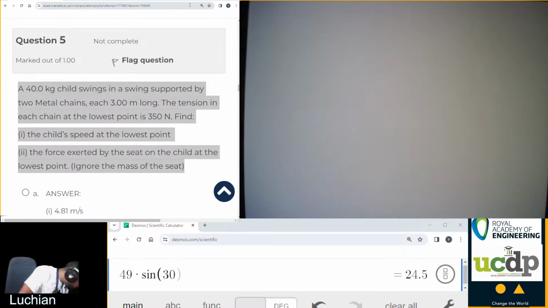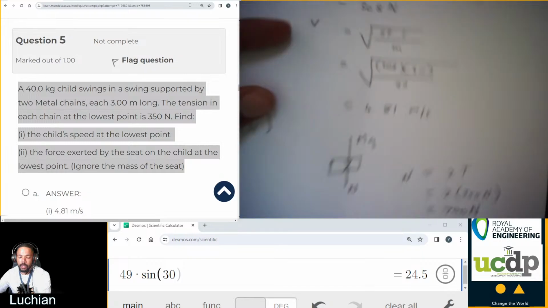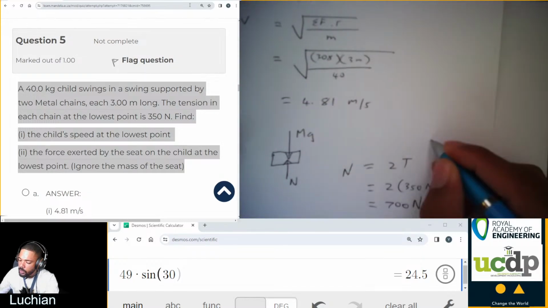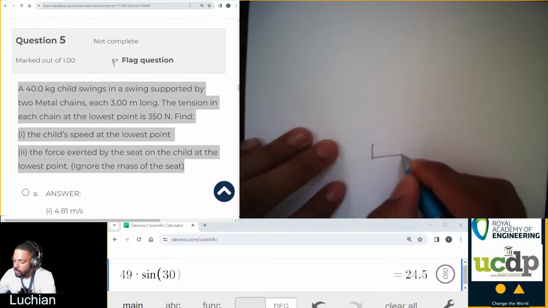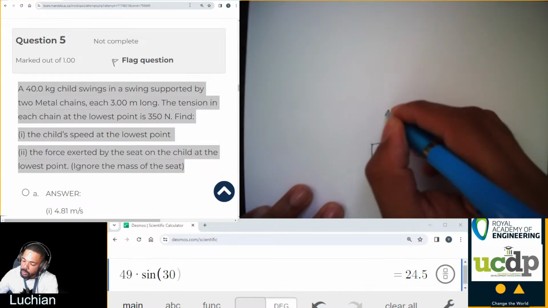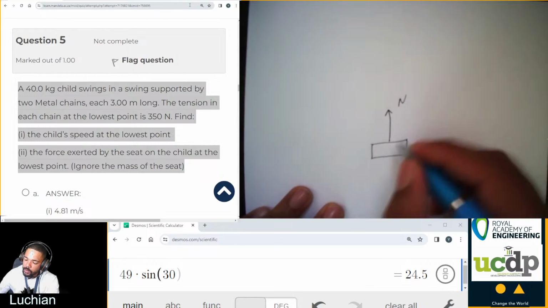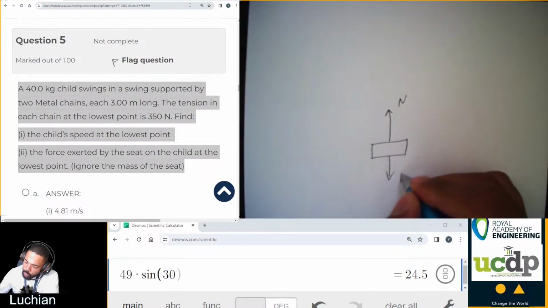Someone asked me to explain the force diagram on the seat. So this is the seat. I could have drawn it another way. Let me draw it another way and see if you understand it. Let's say this is the seat. On the seat we will have, this way, the normal force, and on this side we will have the force of gravity, or its weight.